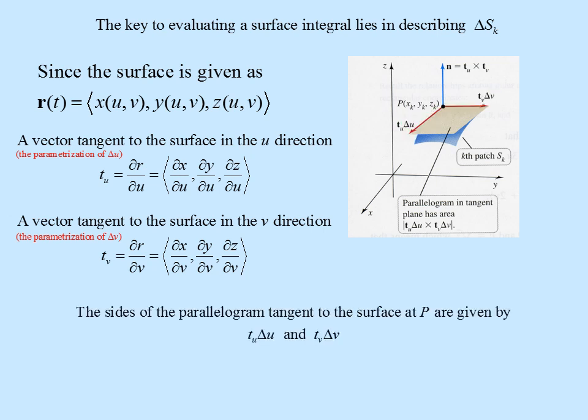So we would have the sides of the parallelogram that you see here in tan given by tu delta u and tv delta v. Well, that means the area of that parallelogram would be the magnitude of the cross product of those two vectors.